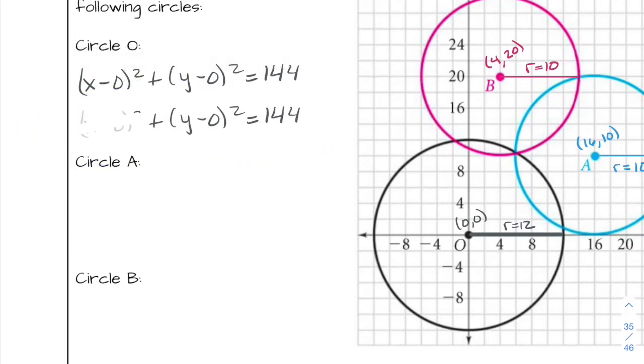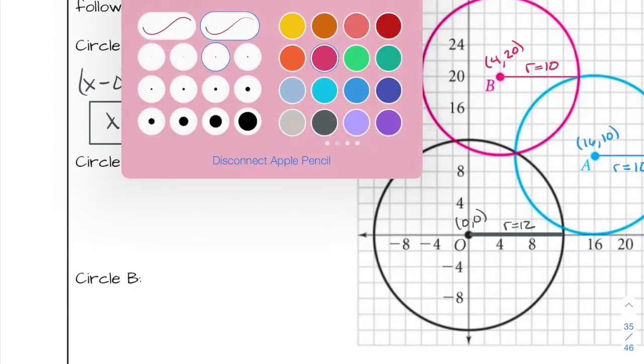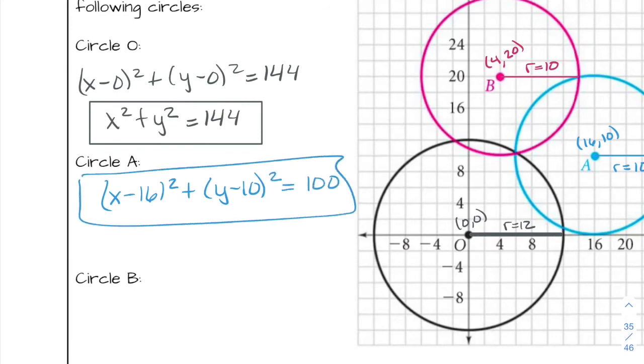You don't need to say the zeros, so you can just say x squared plus y squared equals 144, and that is actually in standard form. It's actually a little bit more simple standard form. Then circle A is x minus 16 squared plus y minus 10 squared equals 100. 10 squared is 100.